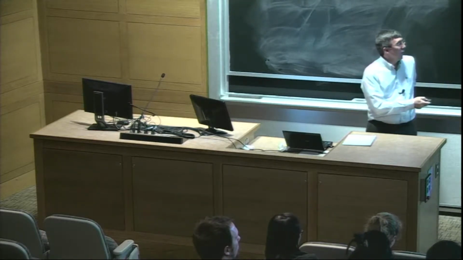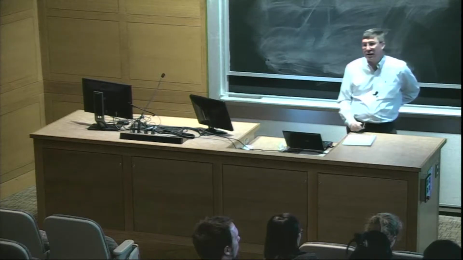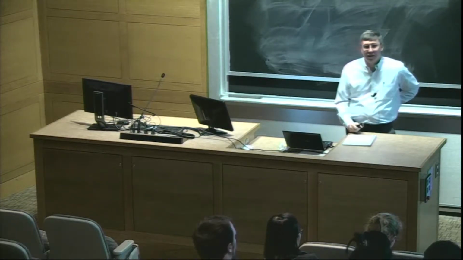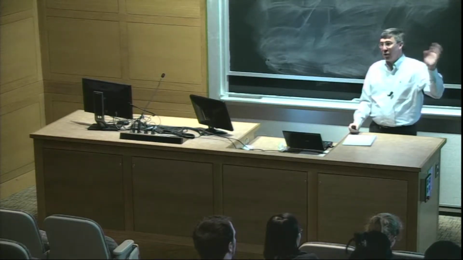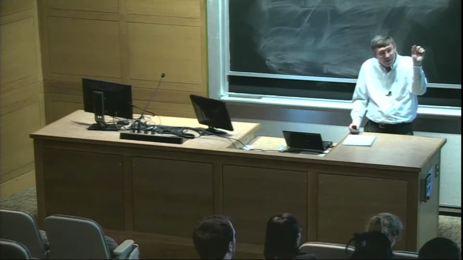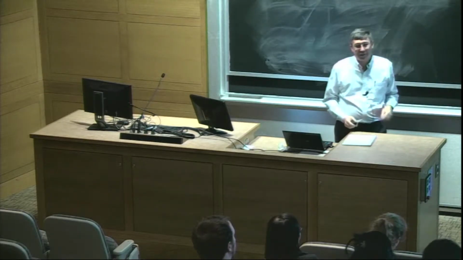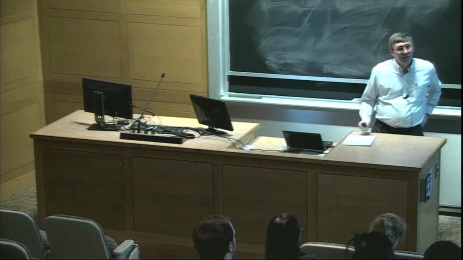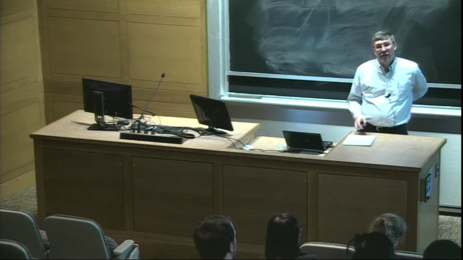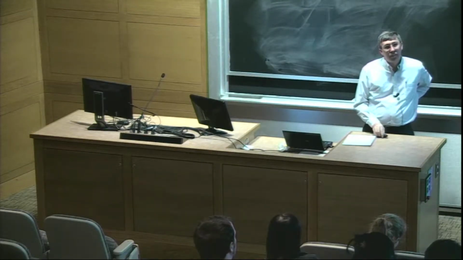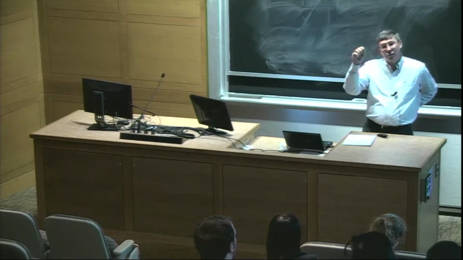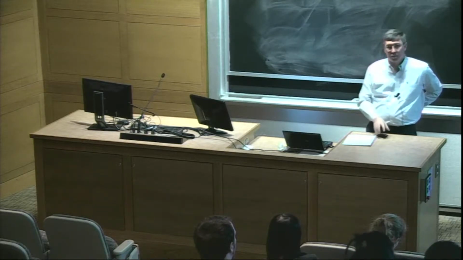Alternatively, if you choose it too small, all your steps will be accepted because you're not moving anywhere. So you're basically staying at the same point over and over again, except it's slightly different because you took a little tiny step. But that way you won't necessarily sample the whole range. And you can see that by plotting, say, the distance from the initial state position.